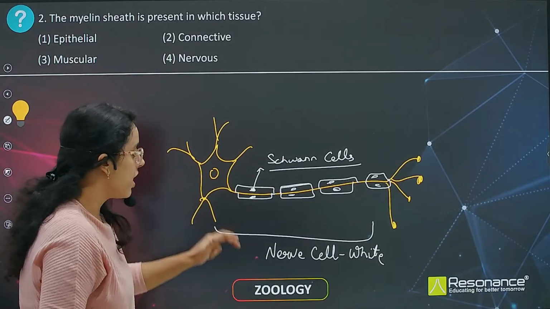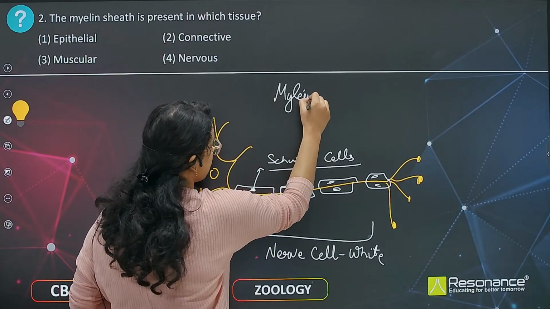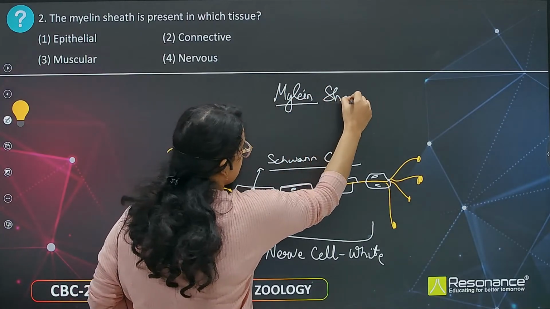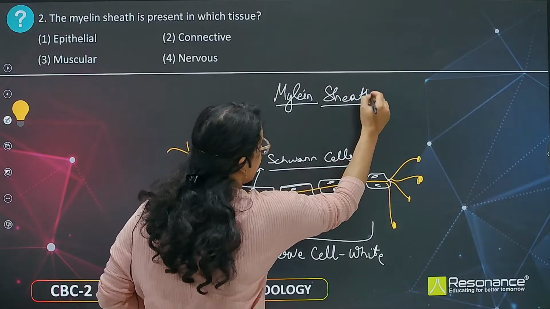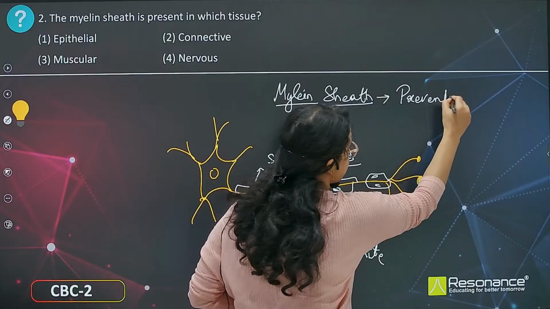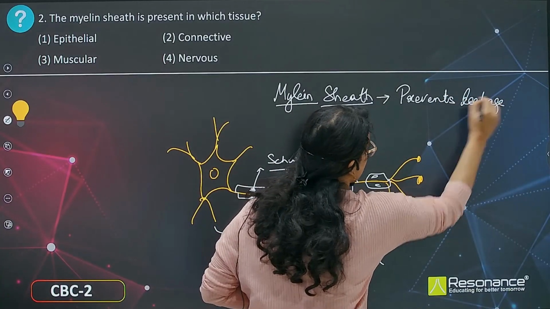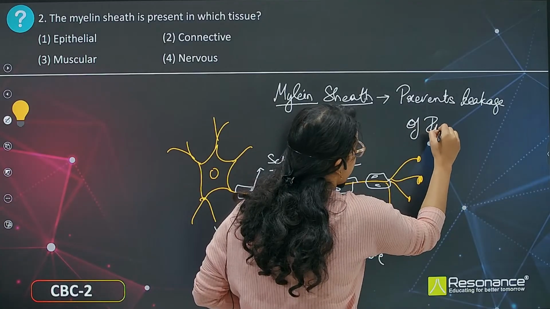And what is the function of the myelin sheath? Myelin sheath prevents the leakage of impulse.